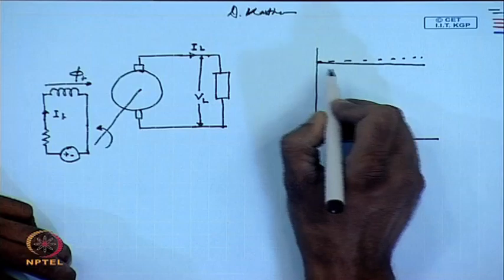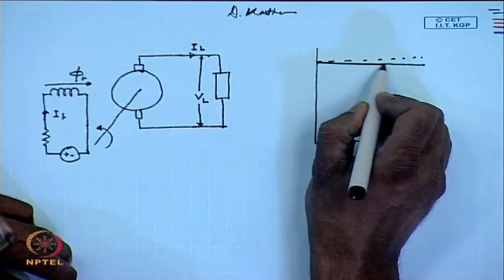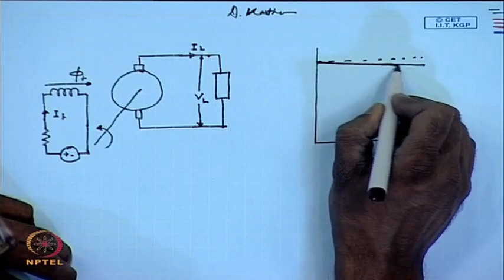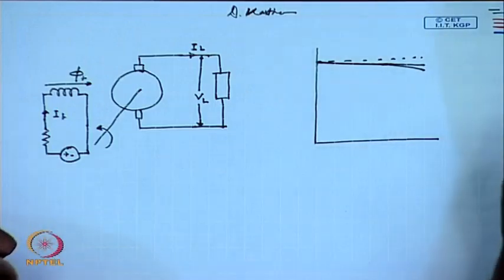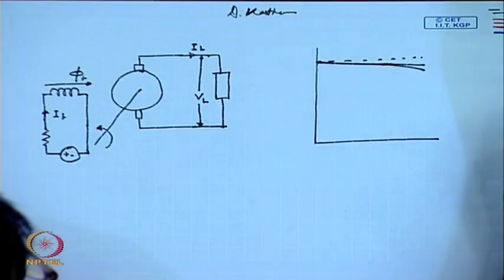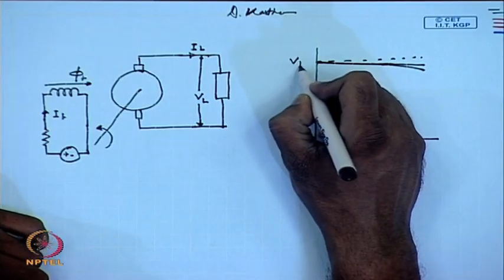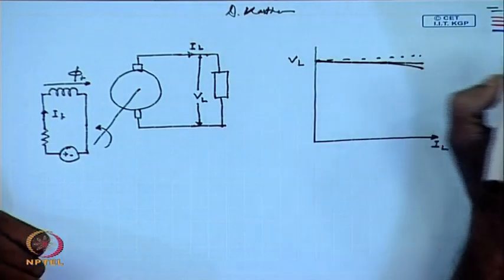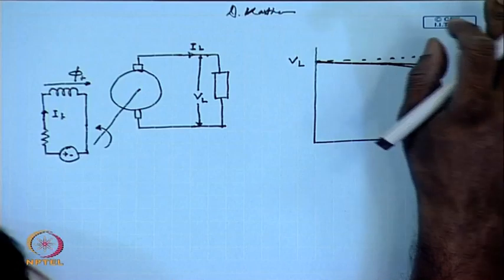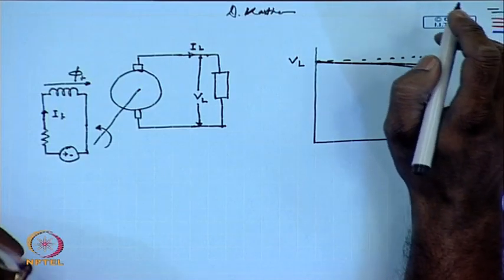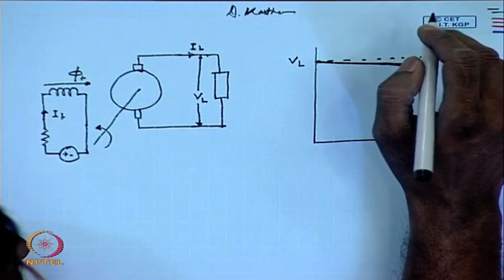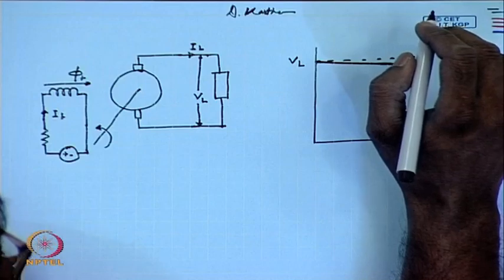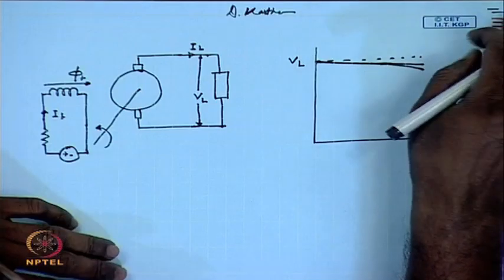If armature reaction is considered, then it drops slightly in a nonlinear fashion for larger values of load current. This generator is very suitable for supplying loads that require constant voltage, but it requires an external power supply.